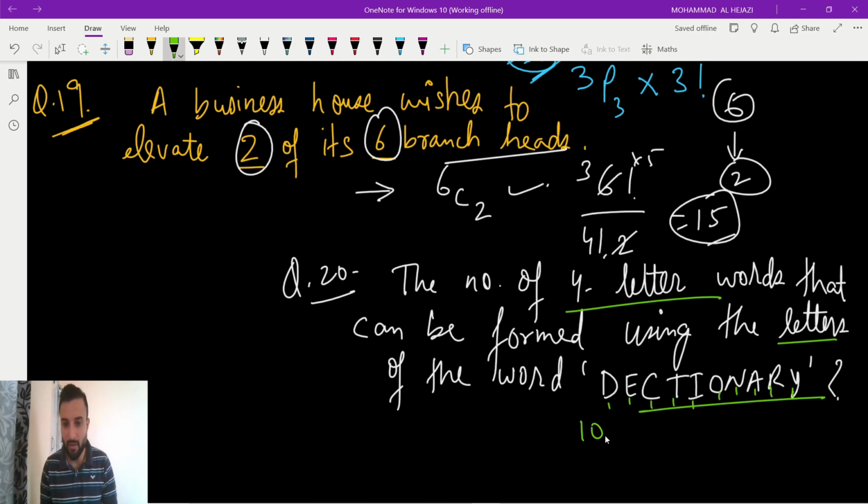So from 10 letters we will arrange 4 letters. So 10P4 is the answer. Okay, if you expand it, it will become 5040.